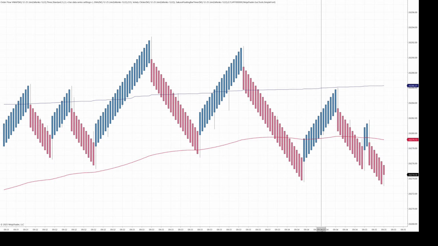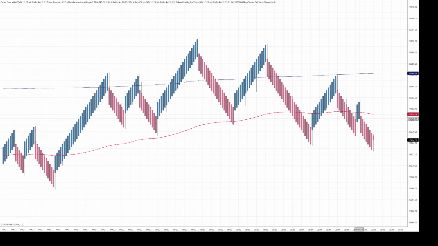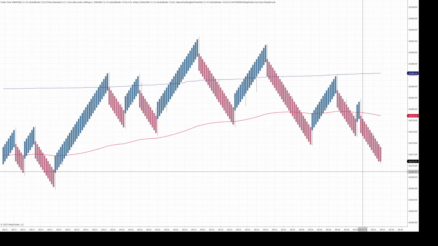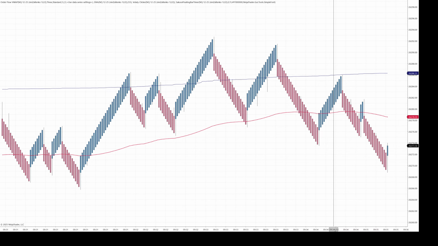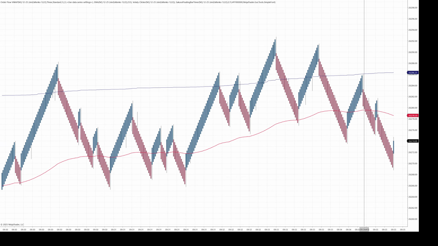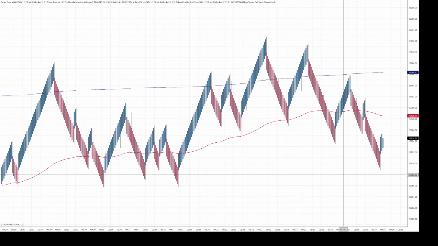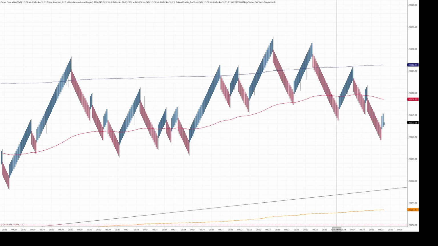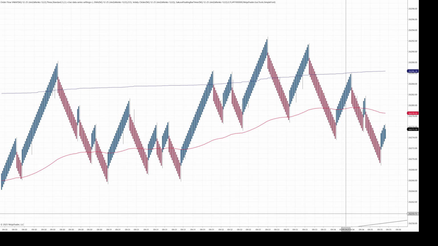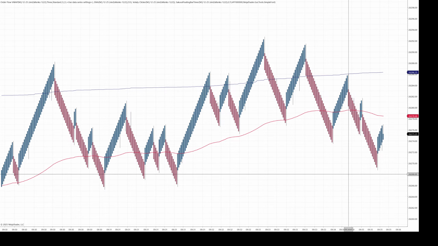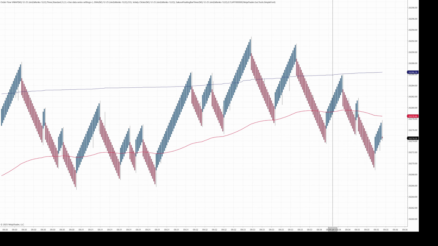That would have been the trade right there. Typically it'll be easier to trade the Renko after 10 o'clock because the market slows down just a little bit so that you're able to actually keep up with it a lot better.